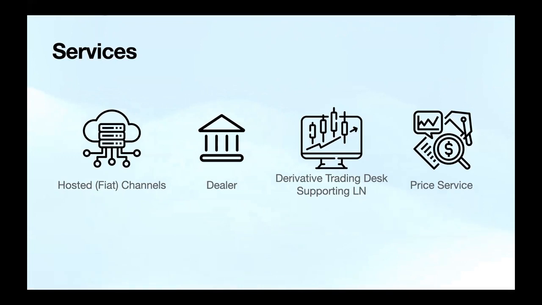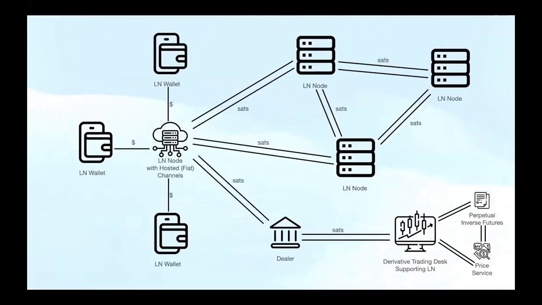The specific type of contracts that simplify the experience of issuing synthetic fiat on top of Lightning also requires some sort of price service, because, as you can see on the bottom right of this diagram, the trading desk has to provide the dealer with specific contracts that are perpetual inverse futures.